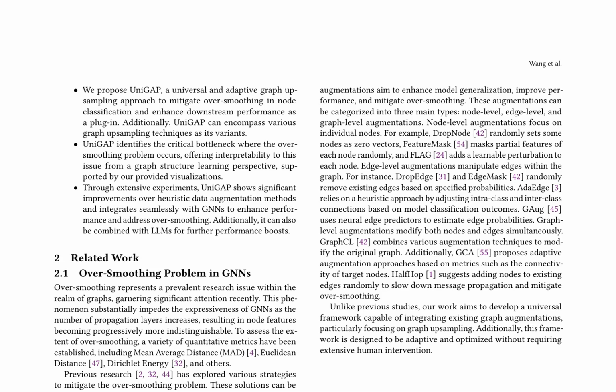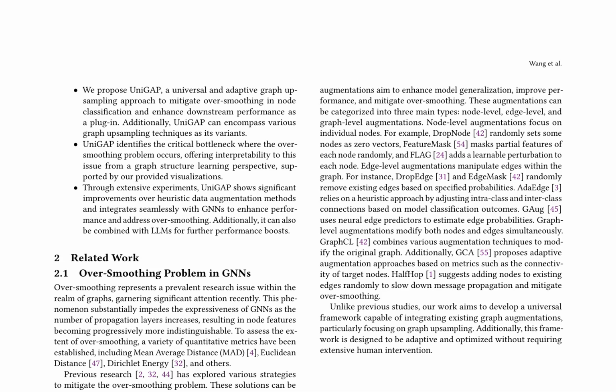UniGAP is a universal and adaptive graph upsampling method that offers a universal framework for graph upsampling, encompassing most current methods as variants. Unlike existing methods that employ heuristic upsampling strategies, UniGAP adaptively calculates the probability of inserting an intermediate node for each pair of adjacent nodes in the original graph, generating a new upsampled graph through a differentiable sampling technique.